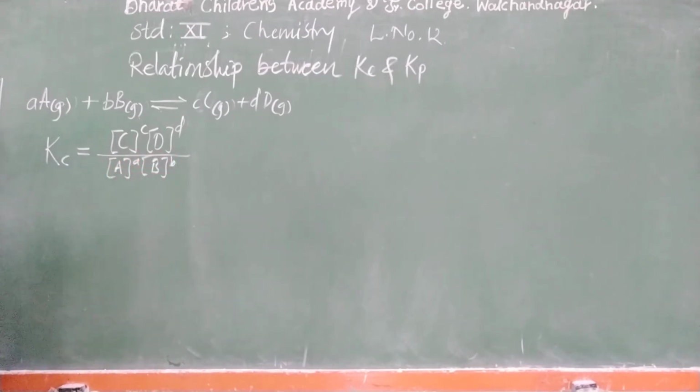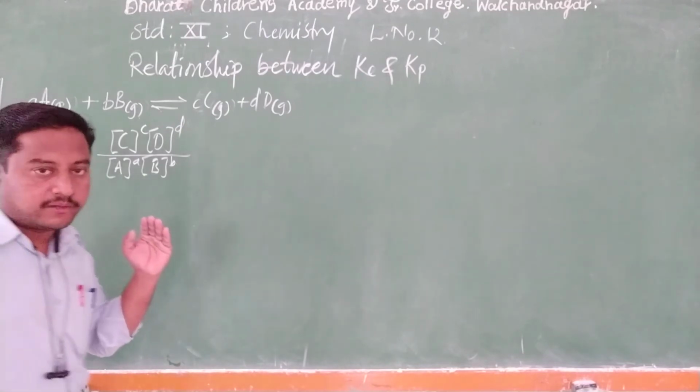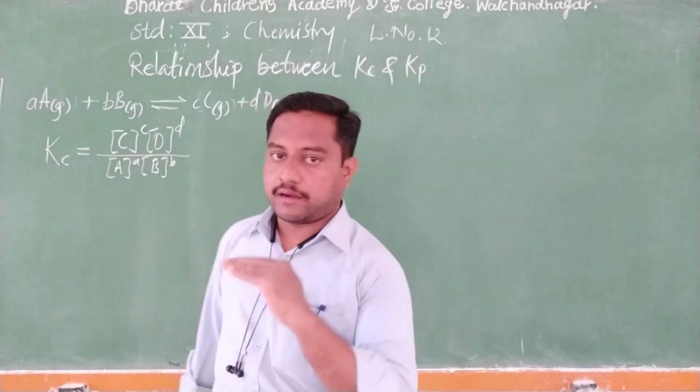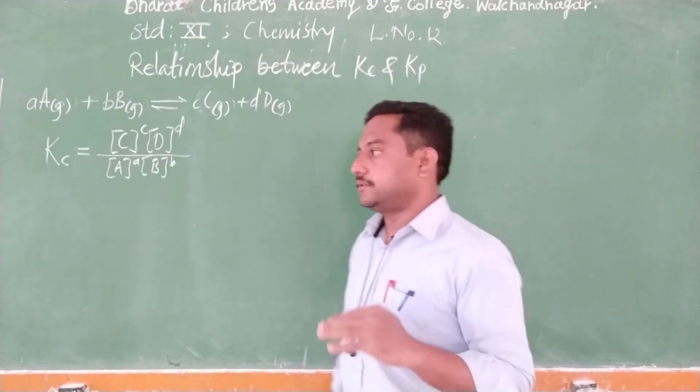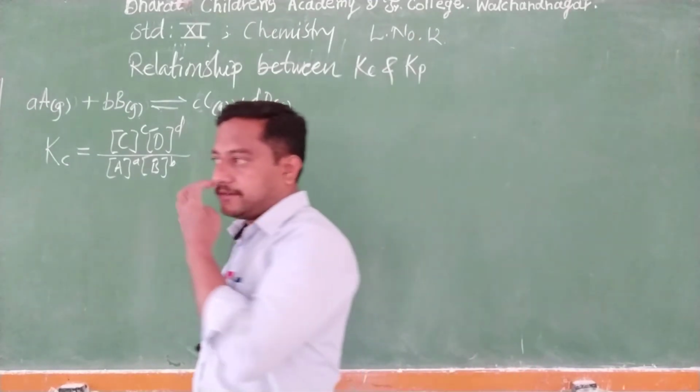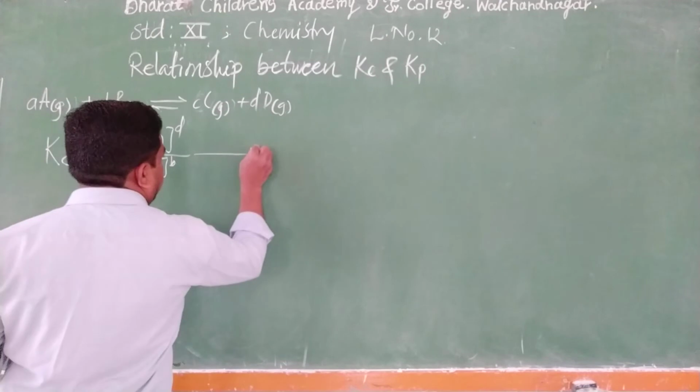This will be the Kc, right? If the balanced equation is in the aqueous state, with all the reactants and products in the aqueous state, then the molar concentrations can be obtained like this.